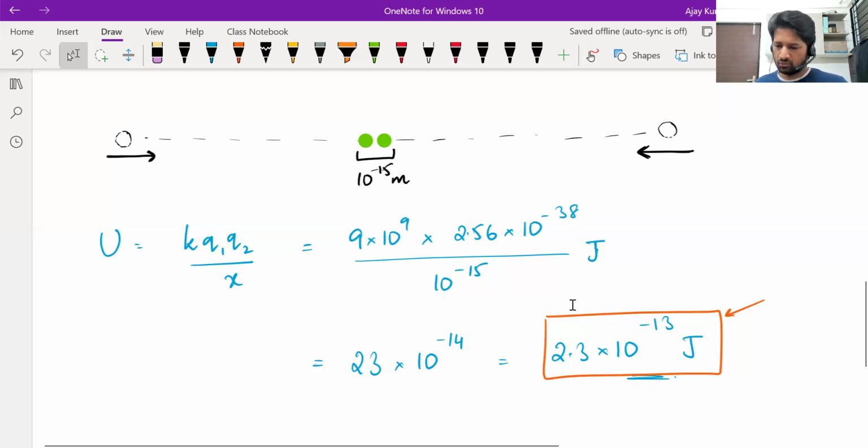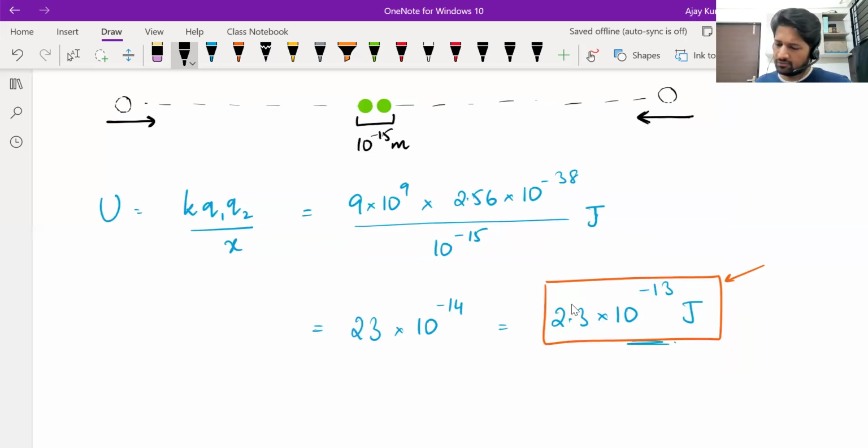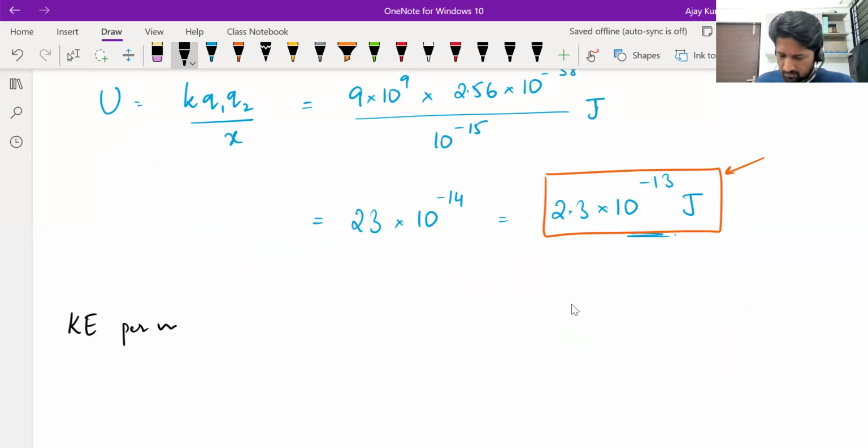So even if it is just two protons, they need to have this energy in the form of kinetic energy initially. Now proton basically is a single particle. You can treat it as a monoatomic gas. For a monoatomic gas, you must have learned this in thermodynamics, the kinetic energy per molecule of a monoatomic gas is given by 3 by 2 kB T, where kB is the Boltzmann constant.